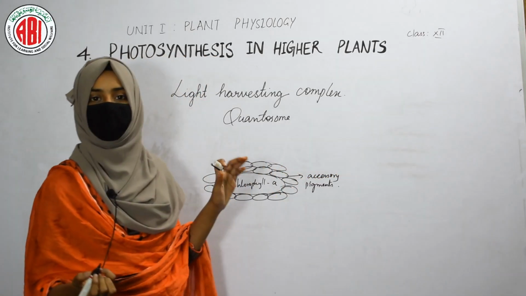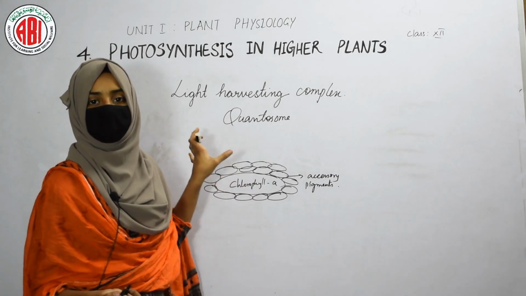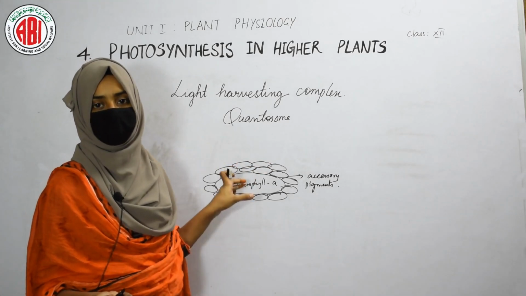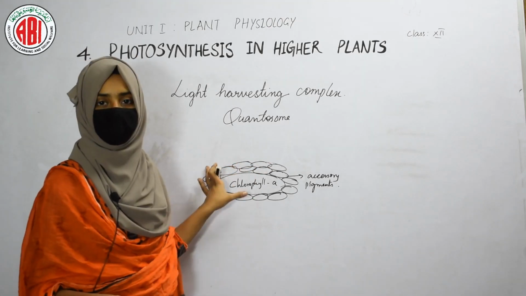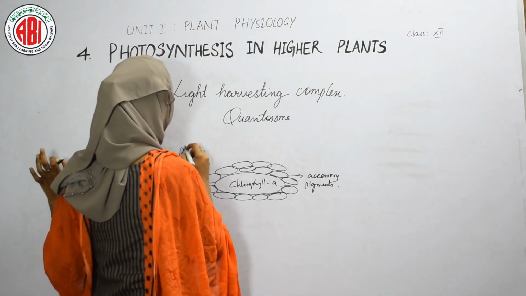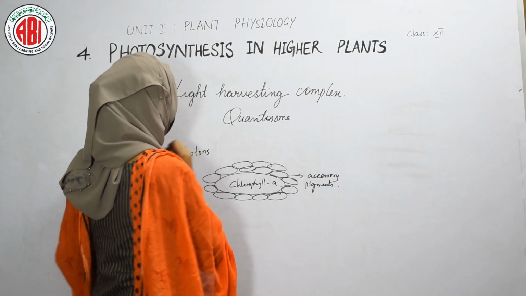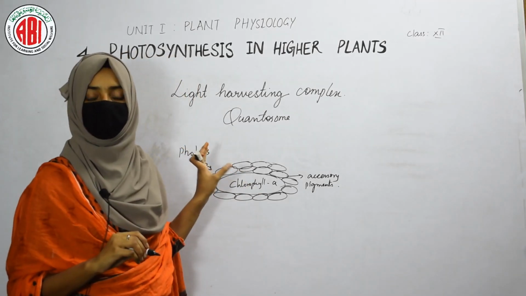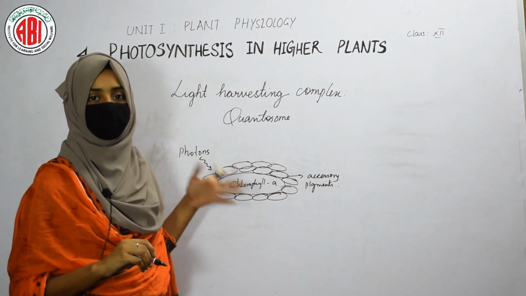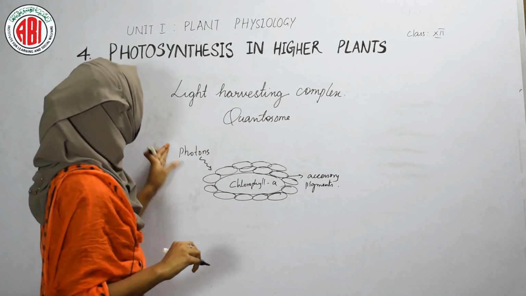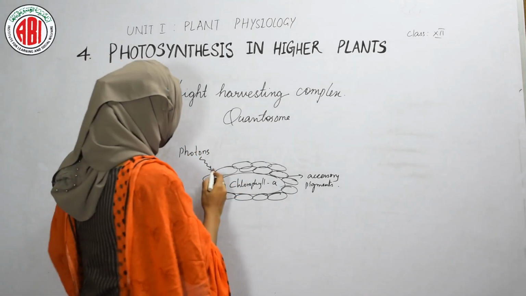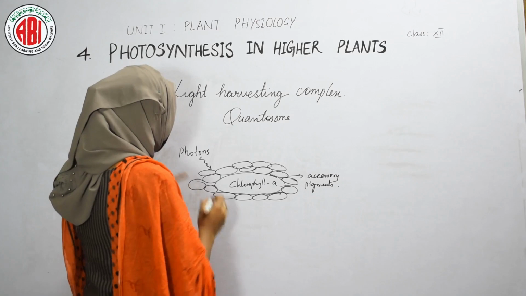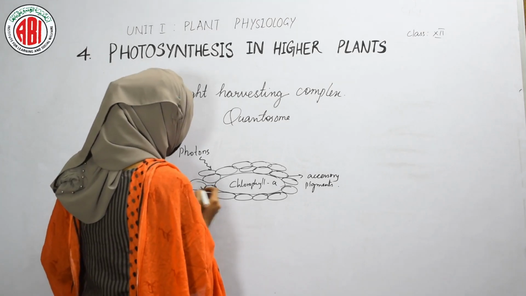And we know that when light falls, the light is absorbed by these pigments. The light is absorbed in the form of photons, and we know that different pigments absorb light of different wavelengths. After absorbing the light, these accessory pigments transfer it to other pigments.